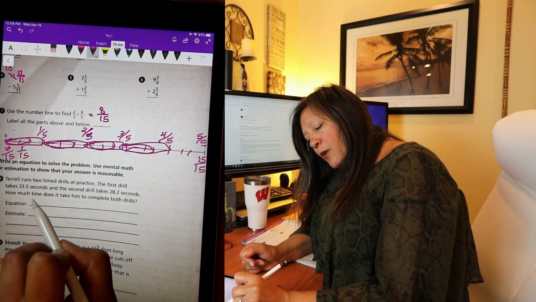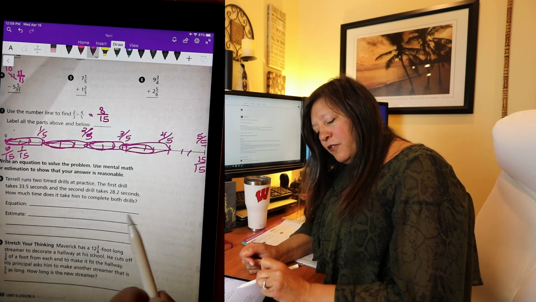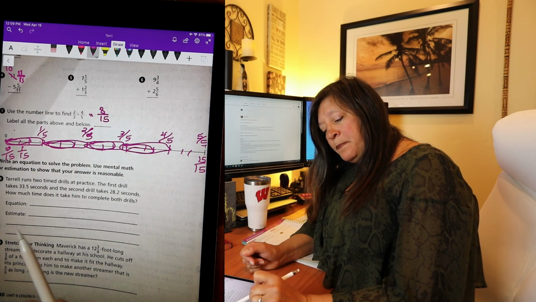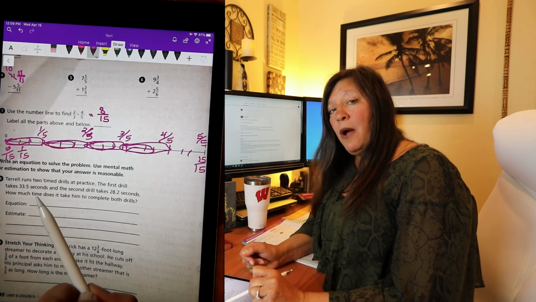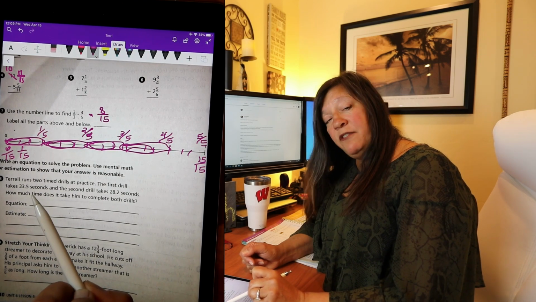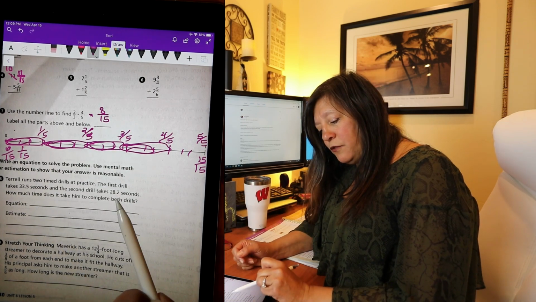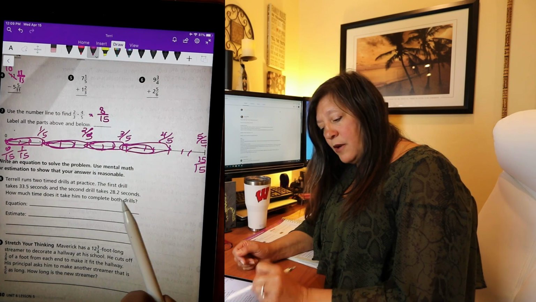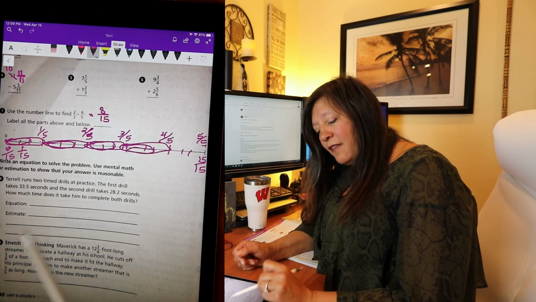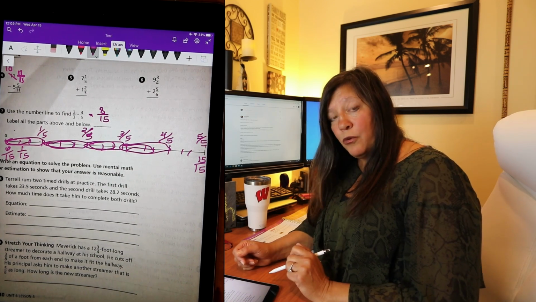Okay, so obviously your equation is going to be adding both of those together and getting your answer. And then to estimate, you need to round those numbers. 33.5, you might want to round it to the nearest whole number. You might want to round it to the nearest tenth. You have to decide, but you want to estimate to see if your answers are close.